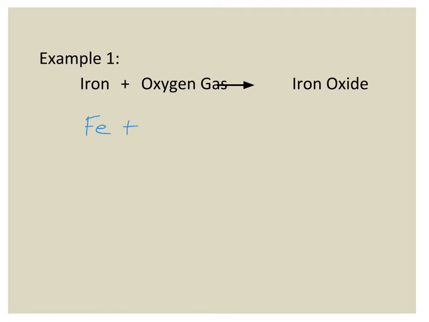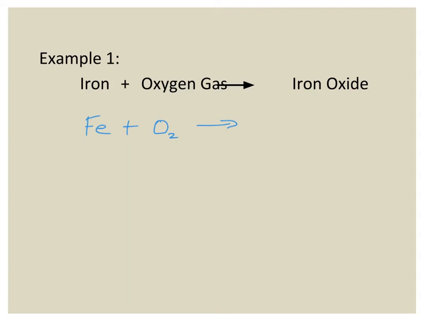I copy down my plus sign from my equation, and now I have the name oxygen gas. Well, the symbol for oxygen is an O, but oxygen is one of our special Hofbrinkel elements, so it gets a little 2. That's going to produce, so I copy down my arrow, and I have the product, iron oxide.